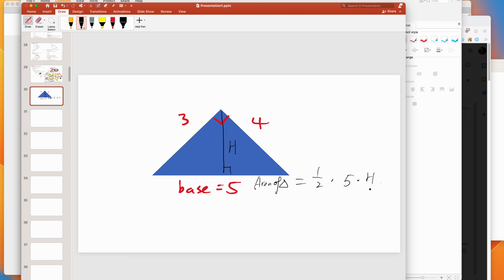So in order to find h, you wish to have the area of triangle. Because once you have the area of triangle, then you can find your h, right? So how do you find the area of triangle? You find the area of triangle by using another base. Yes. Which base do you want to pick now?